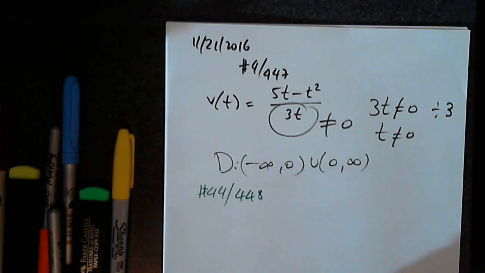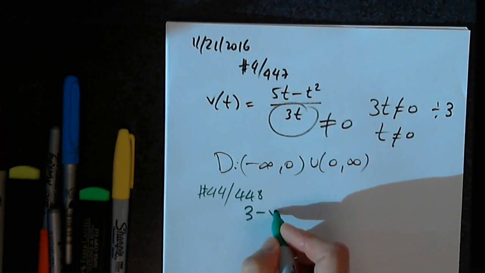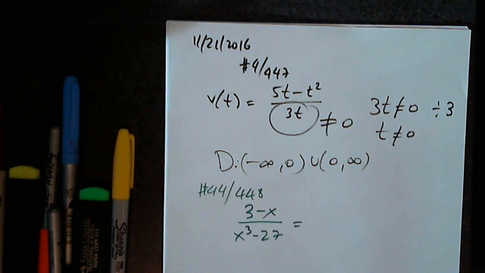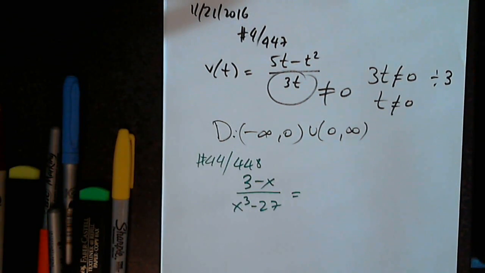In 44 we are still simplifying. I am asked to simplify this rational expression. I like one of these two polynomials, but I do not like the other one.